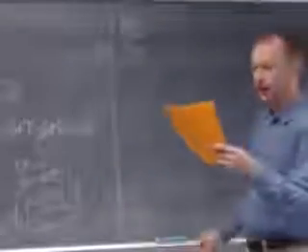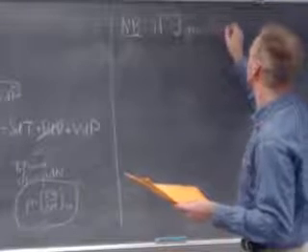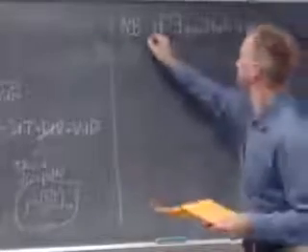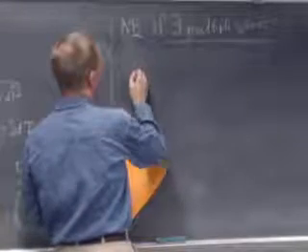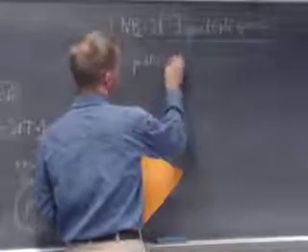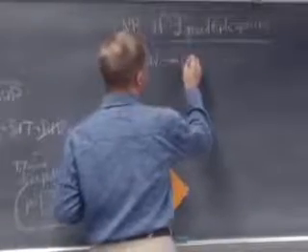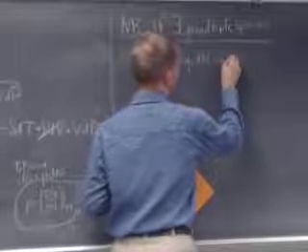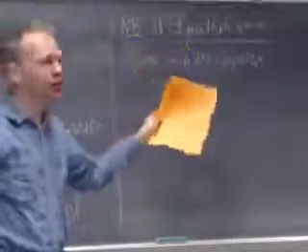Nota bene, note well, if there exist multiple species of particles, for example, you've got, say, hydrogen and oxygen floating around in the same container, then you replace mu dN with mu1 dN1 plus mu2 dN2 and so on, where 1 labels particle type 1, 2 labels particle type 2, and so on down the line.